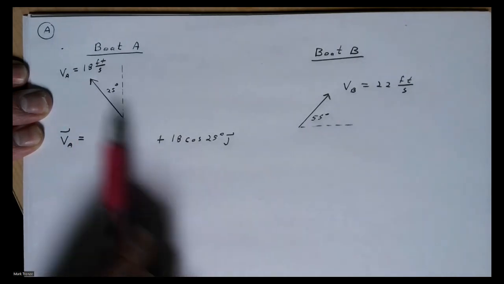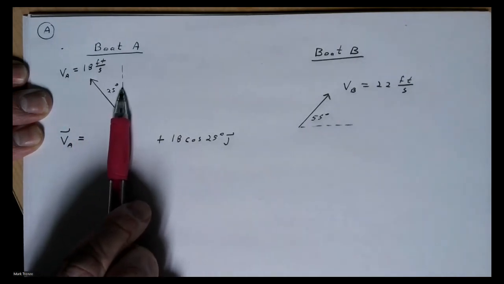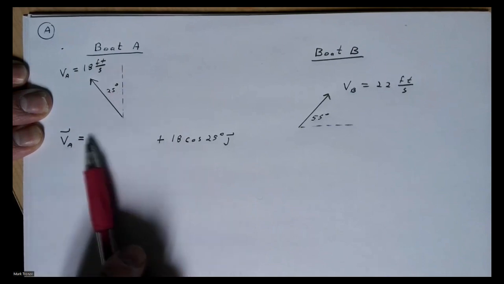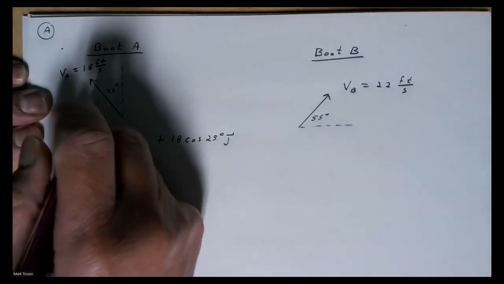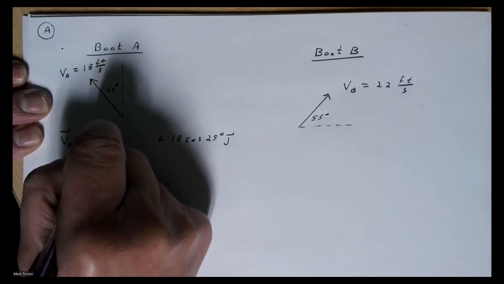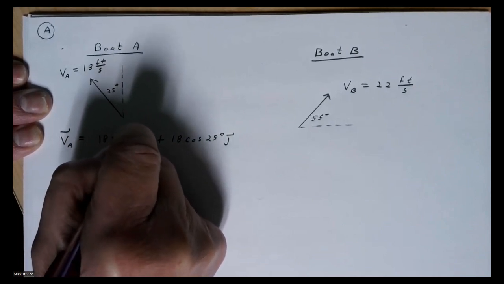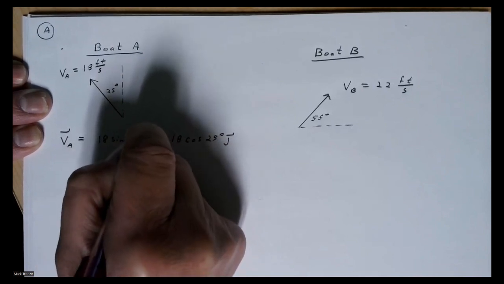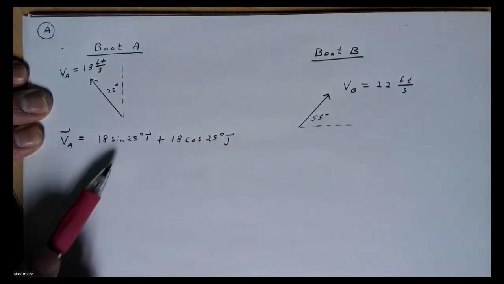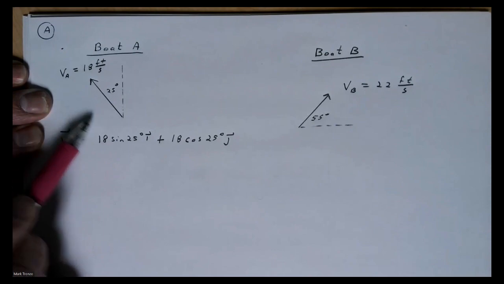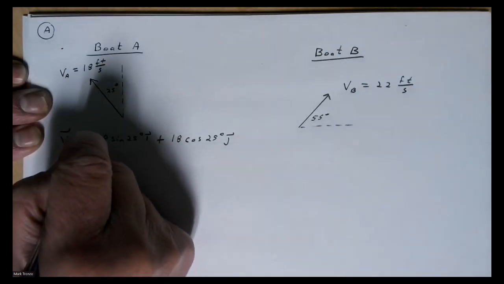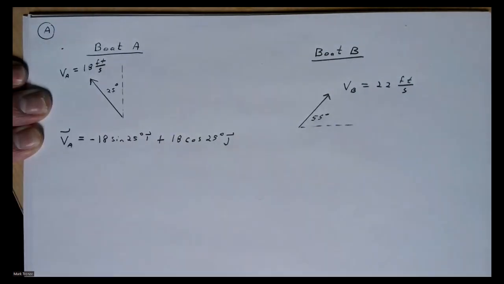Then the other one: if the adjacent is cosine and that's the y, then the x must be sine. Notice it's going in the negative x direction, so we'll put a negative in front like that.